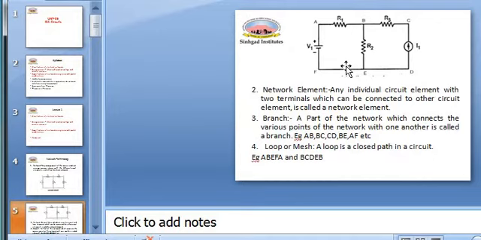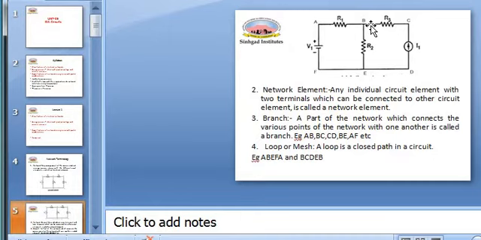So a loop is a closed path in an electrical circuit. In this particular network, what are the different closed loops? A, B, E, F, A is one loop. B, C, D, E, B is another loop. Are you getting what a loop is? We have to use this word frequently. A loop is a closed path in a circuit.